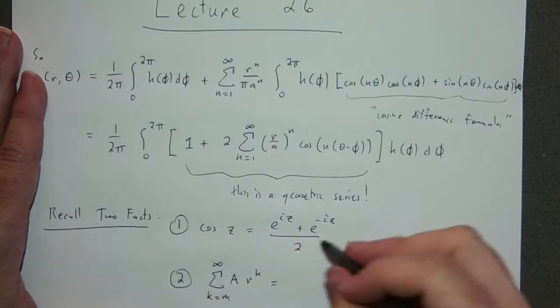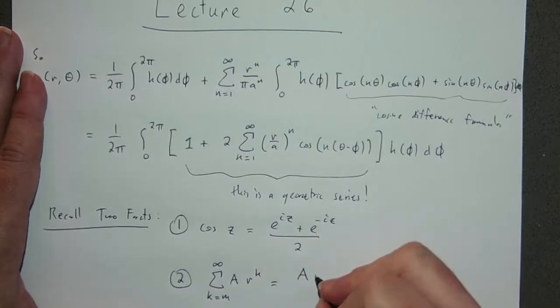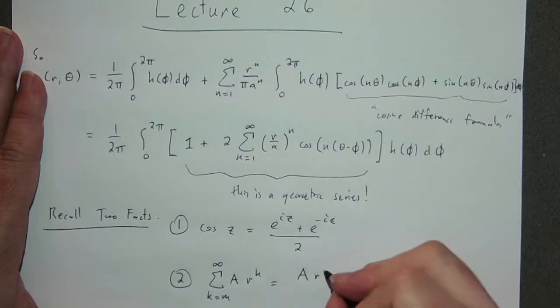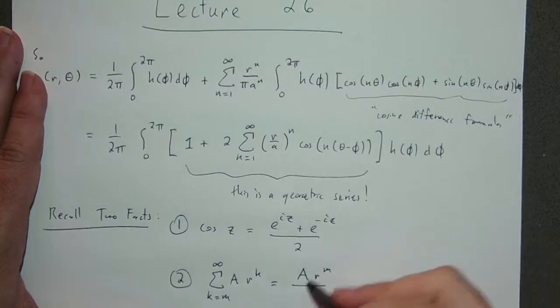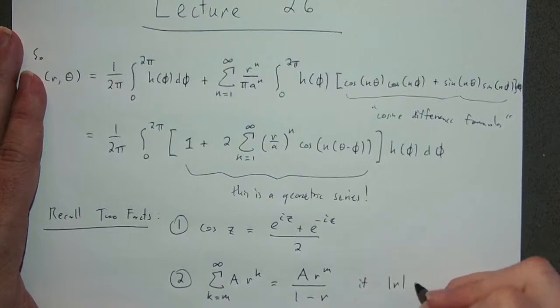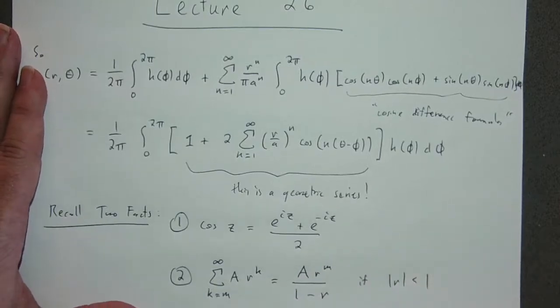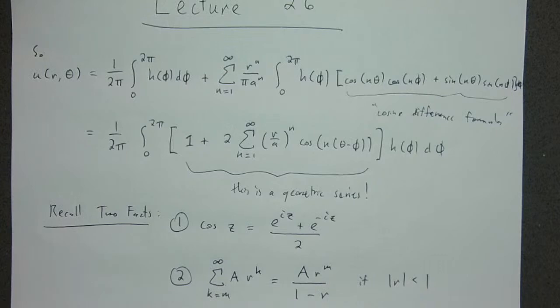This is big A times r to the m over 1 minus r if r is less than 1. All right, this is my geometric series formula, if you like.